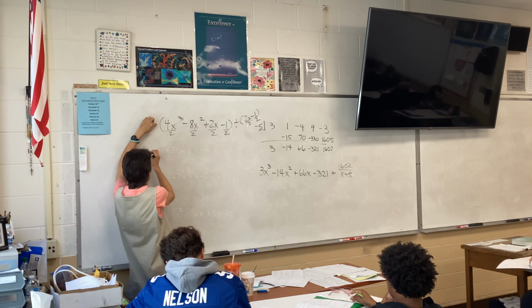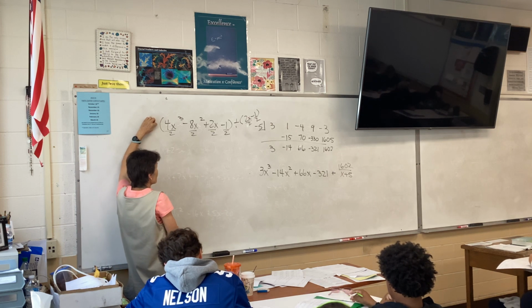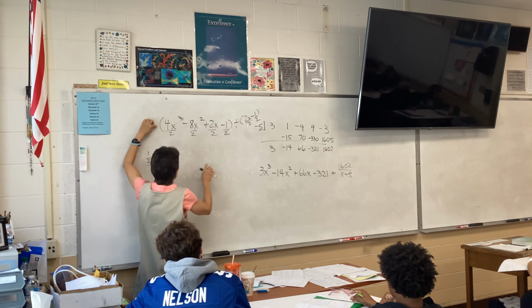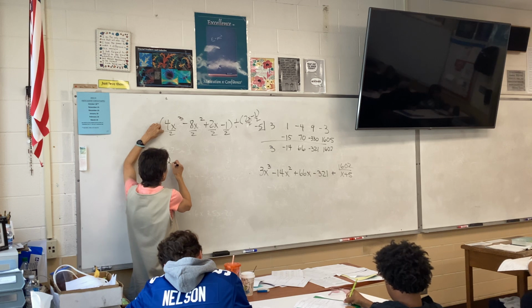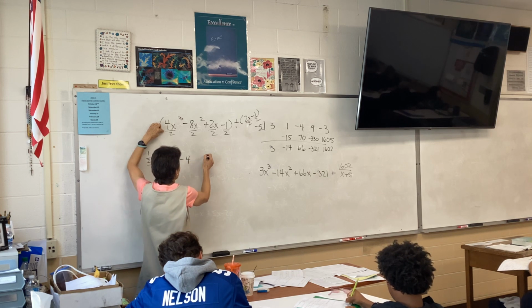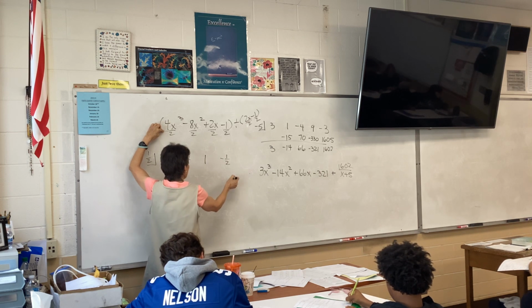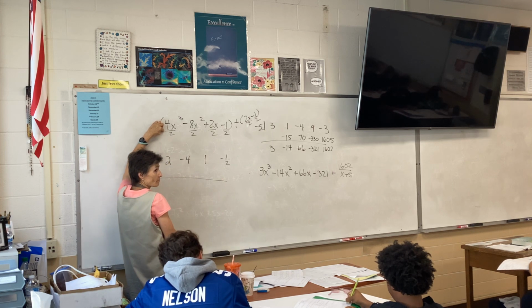So in the box will go a 1/2. But now my dividend numbers are 2, negative 4, 1, and negative 1/2. Yes?